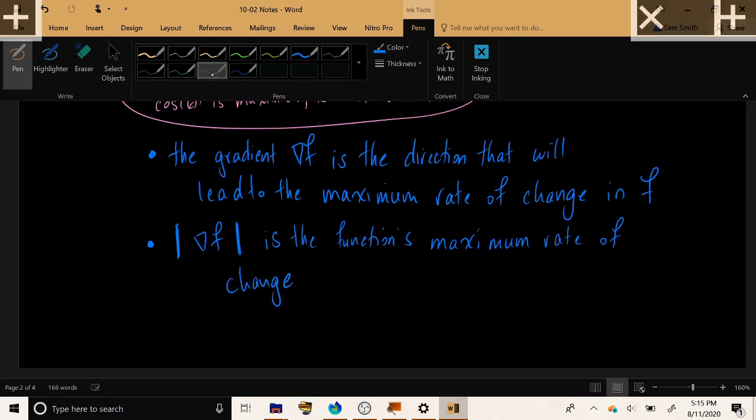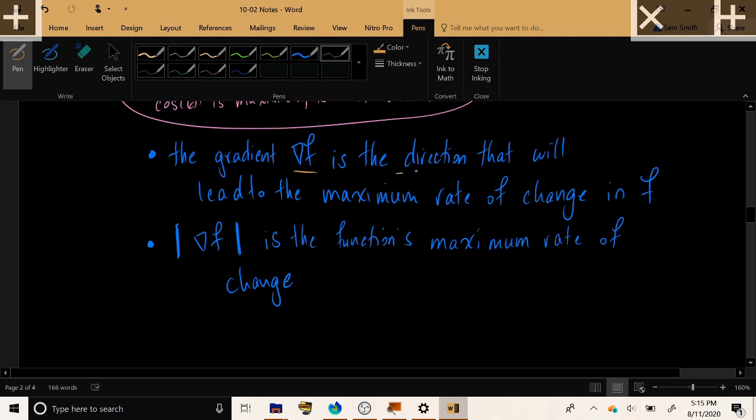So just be a little bit careful. The gradient itself, this vector, is the direction that you should go to get the maximum rate of change. But the rate at which you're actually changing is given by the magnitude of the gradient vector, which is the maximum rate of change. One is the direction, one is the rate.